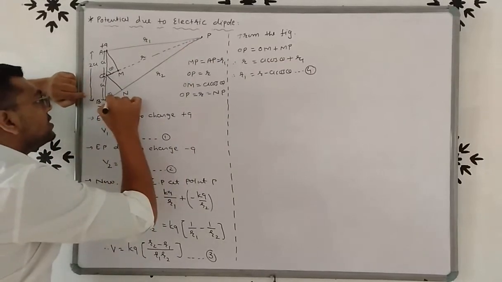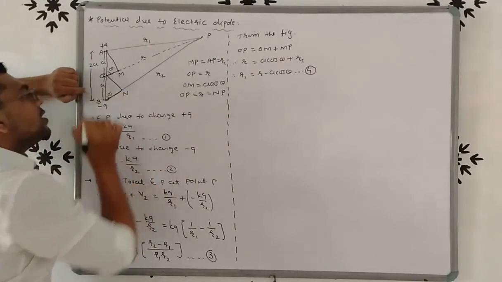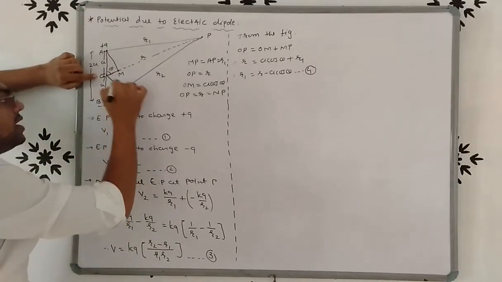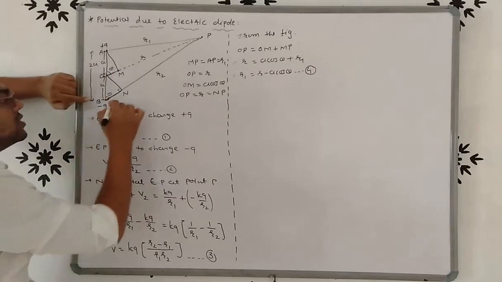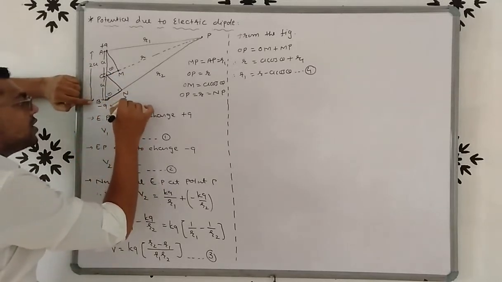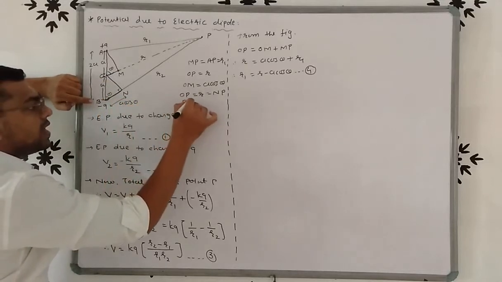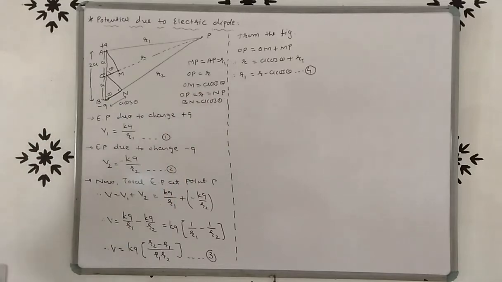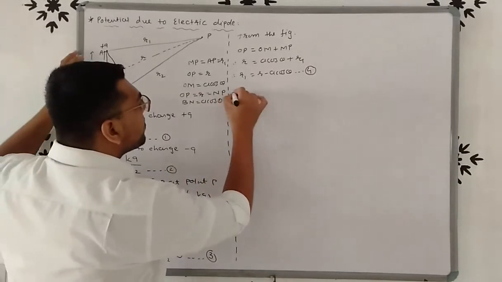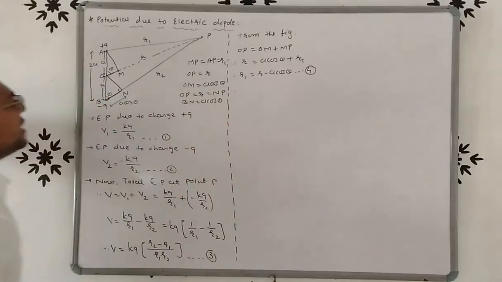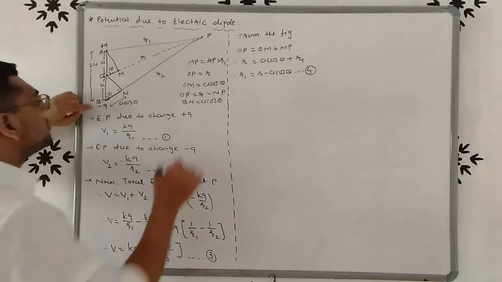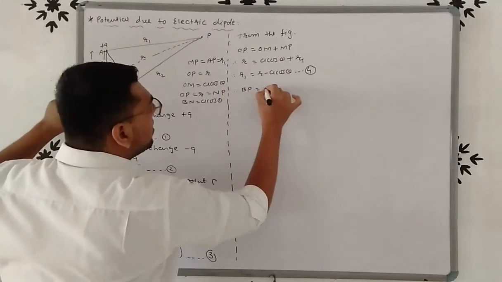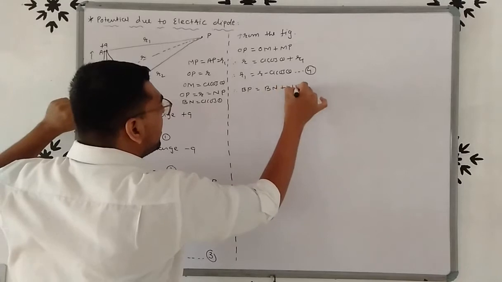So here this BN is the adjacent side of this triangle OBN, right? So once again BN is equal to A cos theta. Once again from the figure we have to derive the relation between R2 and R. So BP is equal to BN plus NP.